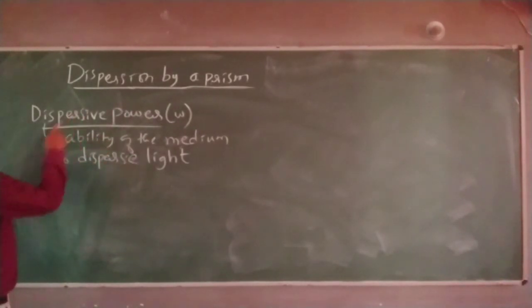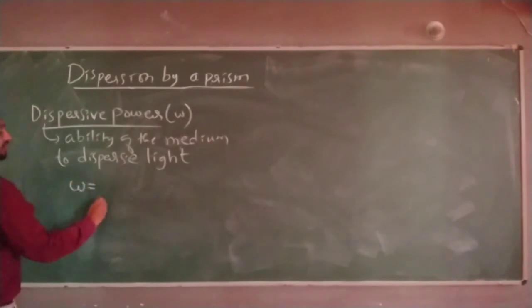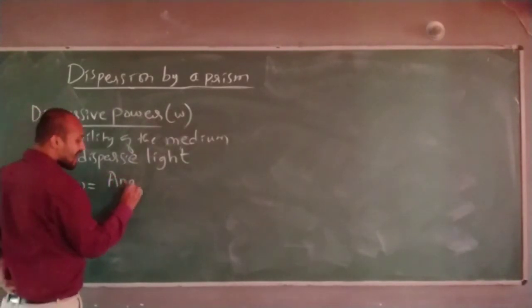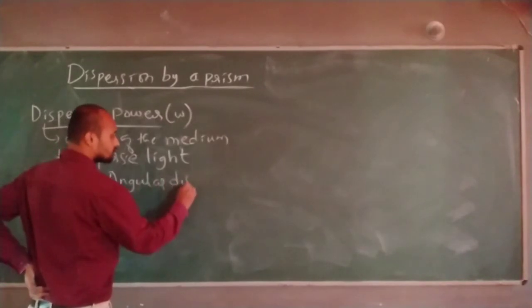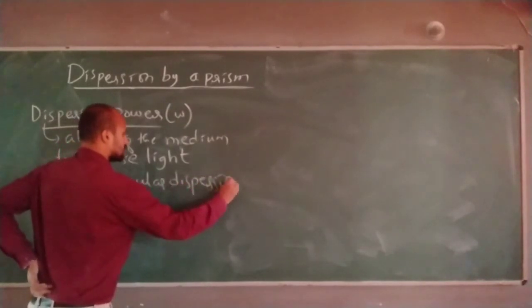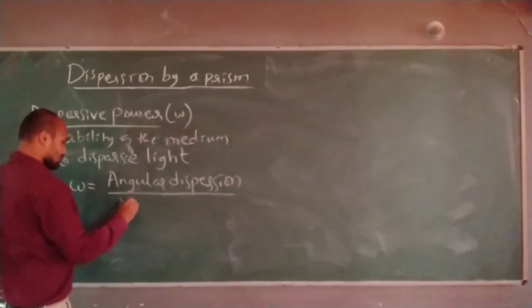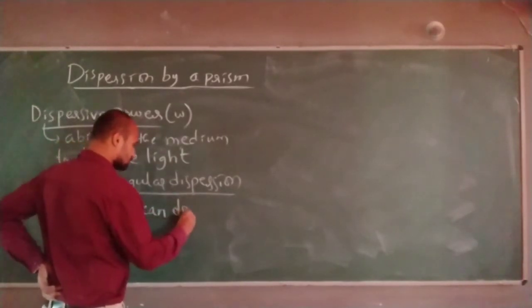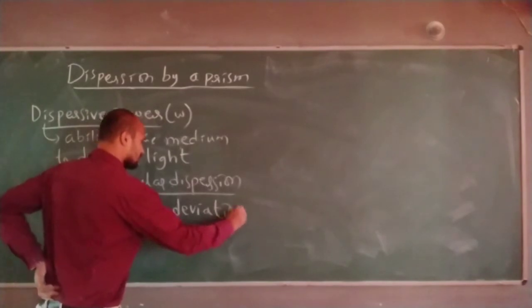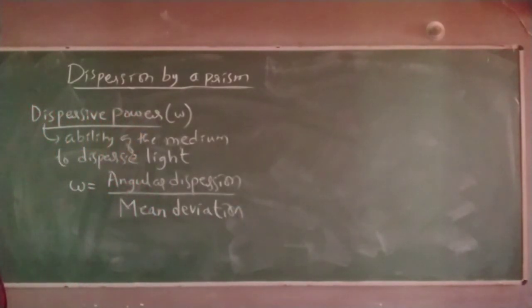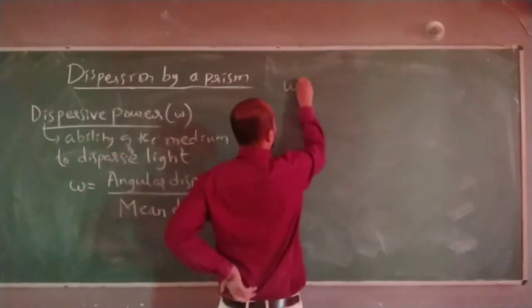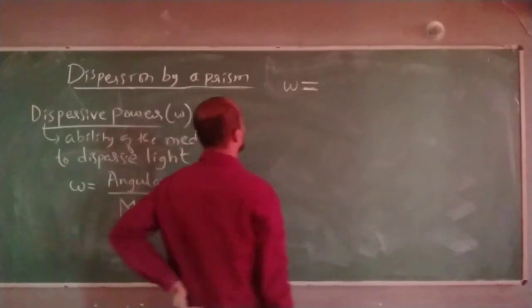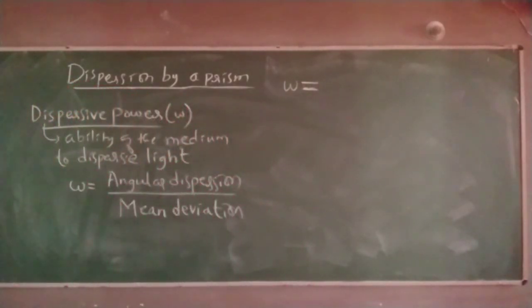Got it? Ability of the medium to disperse light. So it is given by omega is equal to angular dispersion divided by mean deviation. So omega is equal to angular dispersion divided by mean deviation.